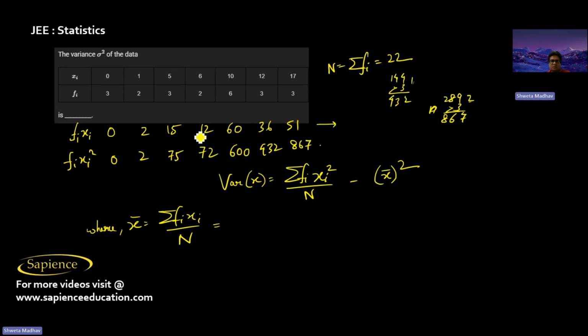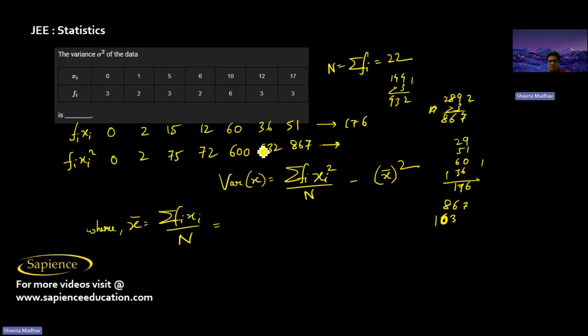So this is the summation fi xi. So this would be 2 plus 17, and so this is 29. So 29 plus 51 plus 60 plus 36. So this would be 176. This sum will be 867 plus 432.